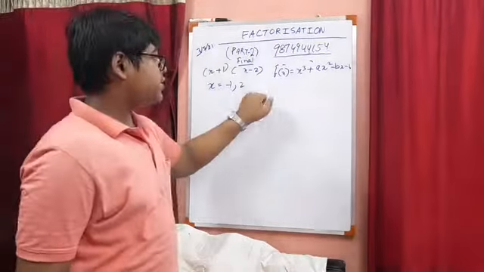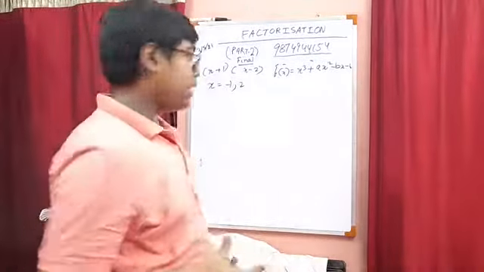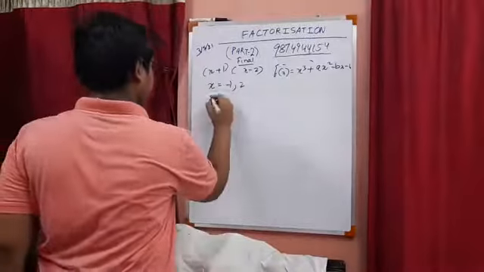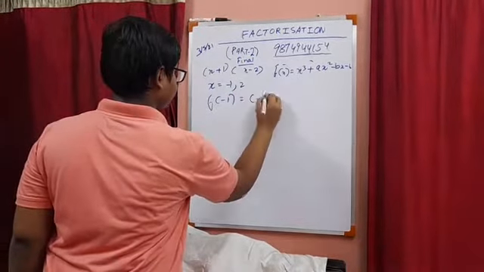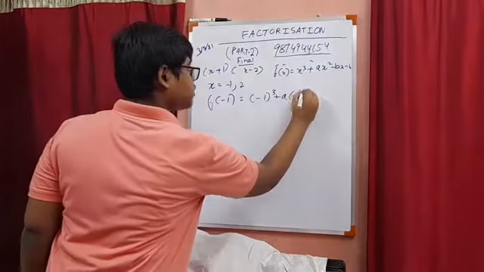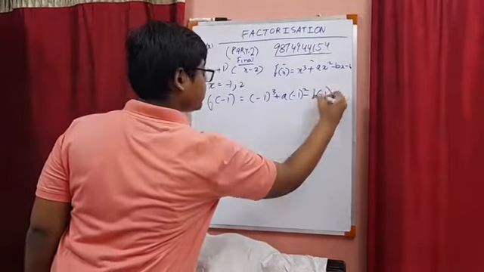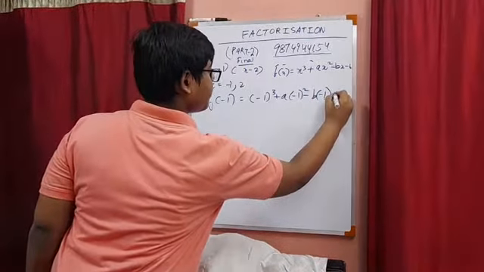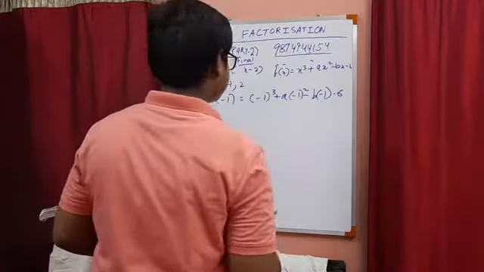We will use these values two times in this same equation, and let's go ahead. For f of minus 1 is equal to minus 1 cube plus a into minus 1 square minus b into minus 1 minus 6.